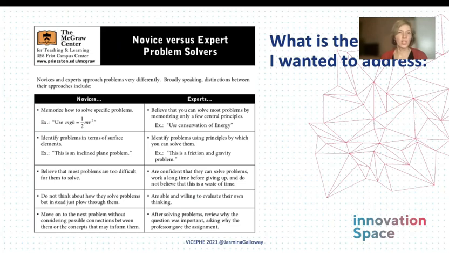We can evaluate our judgment. We can see connections between the concepts. For students, that's harder. They see concepts as isolated facts. They often don't have a strategy in place to solve the problems. They read the first sentence and then grab the first equation that they think is relevant. So I really want to address this problem and help students grow from novices to experts.